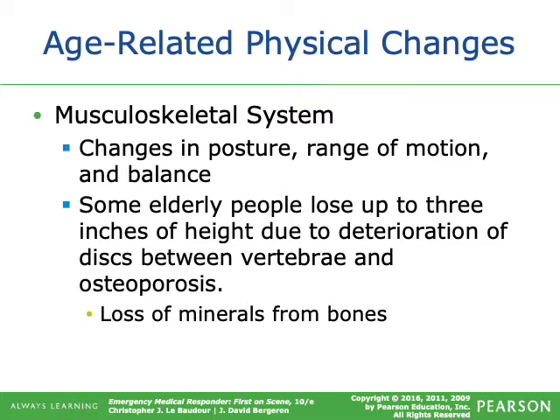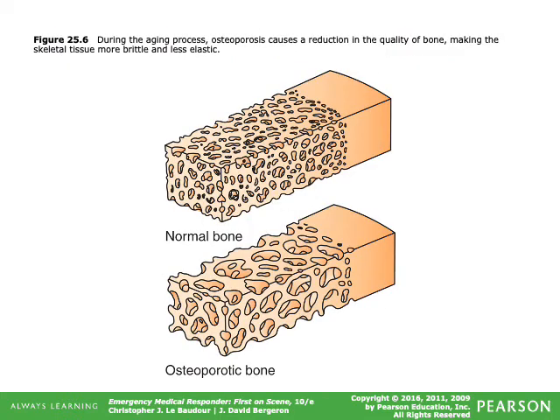Some elderly people will lose up to 3 inches of height due to deterioration of discs between the vertebrae and osteoporosis. During the aging process, osteoporosis causes a reduction in the quality of the bone, making skeletal tissue more brittle and inelastic. This is particularly true in females.